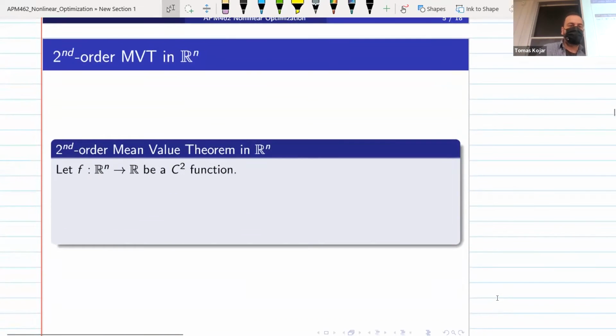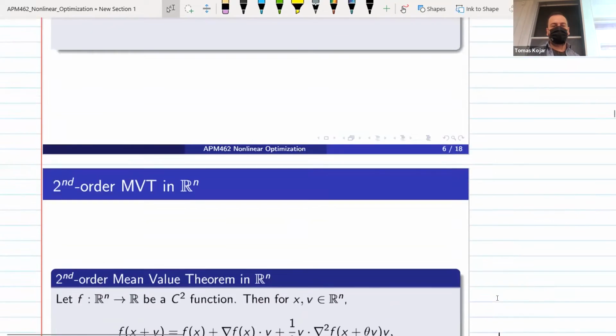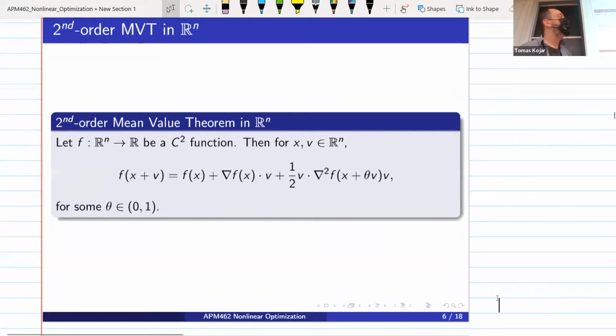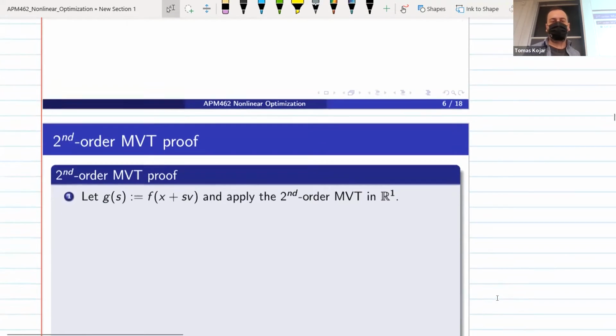All right, so mean value theorem in Rn. You take C2, and then if you want to expand to second order, you end up with a Hessian. Same proof. We can apply the R1 mean value theorem for second order, which we did on Tuesday.